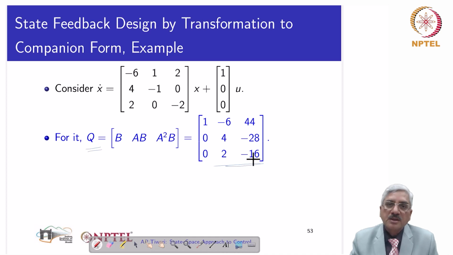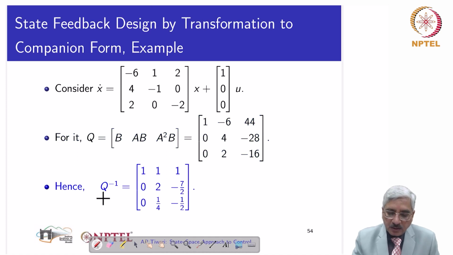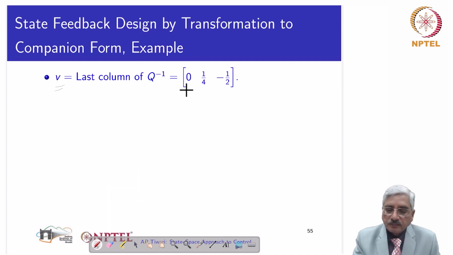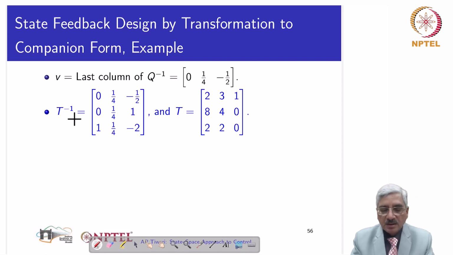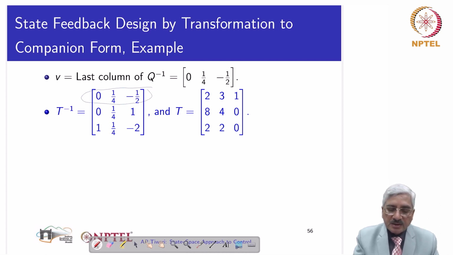We set up the controllability matrix B, A B, A square B. Then we obtain Q inverse, which is this, and we select its last row as some vector V. And then the inverse of the transformation matrix T will be assembled. Its first row will be the same as this V, next will be V times A, and last one will be V times A square.